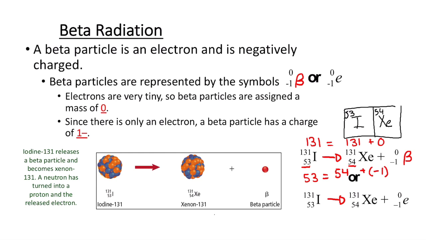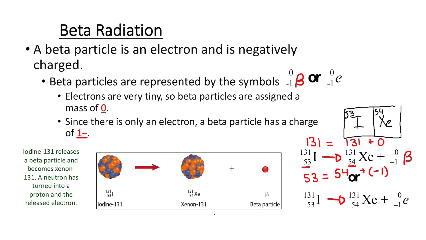When the decay happens, because of that gain in the proton, it becomes 54. And then because the electron is being released, there is a -1 charge as well. So this overall balances out to the initial charge. Proton number is conserved, as is the mass, due to the conservation of mass.